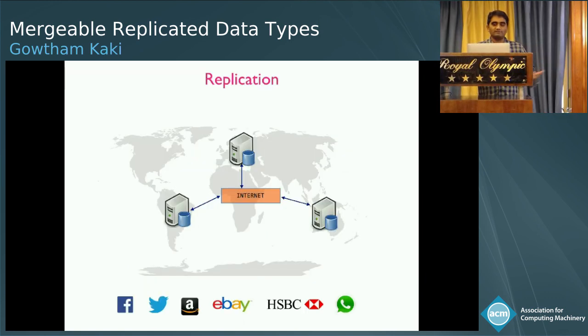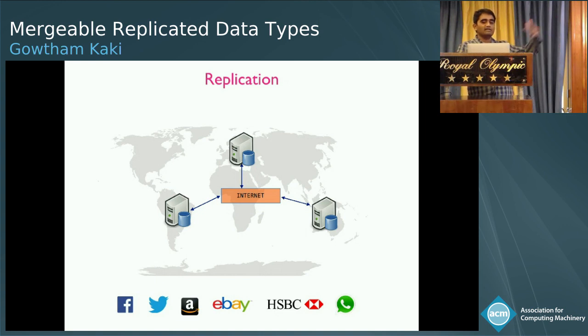Even before that, first let's consider why we need replication. So modern applications such as Facebook replicate the application state across various geographic locations for various purposes: to ensure fault tolerance, for trust decentralization, but most importantly, to ensure low latency and high availability.